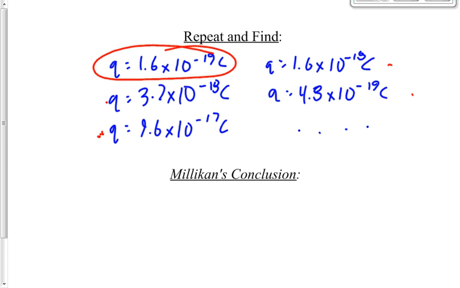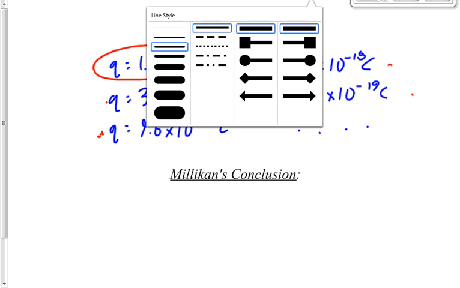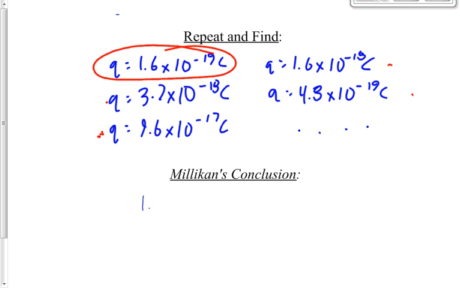What's the conclusion that he draws from that? There is what we call an elementary charge. There is a charge that is the basic smallest charge that you can have. You can't have anything smaller than that. 1.6 times 10 to the minus 19, the elementary charge.